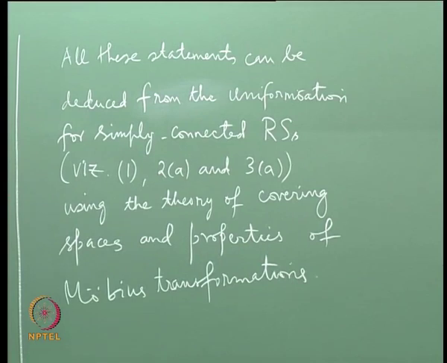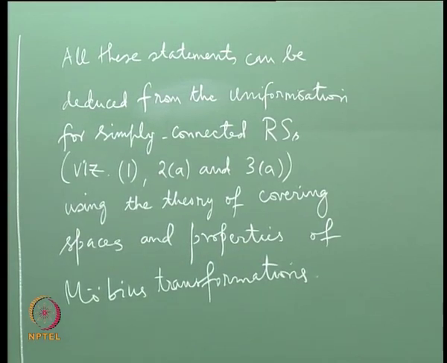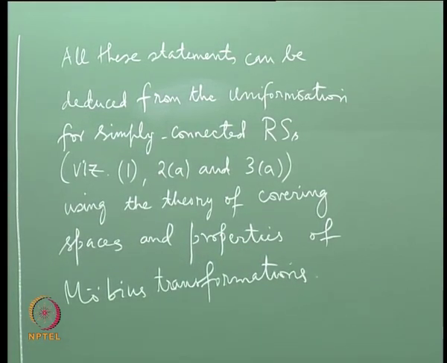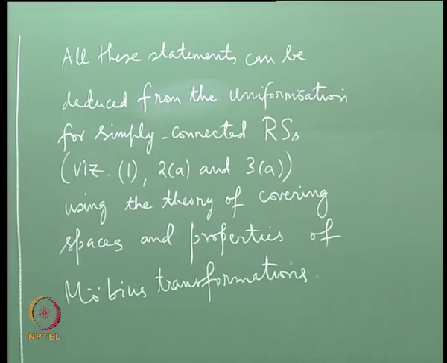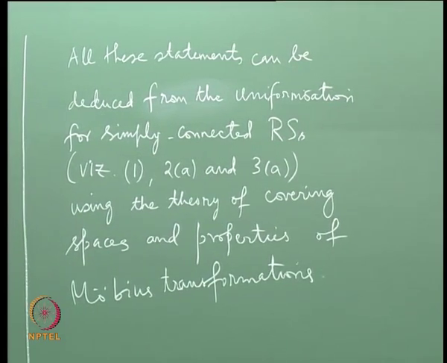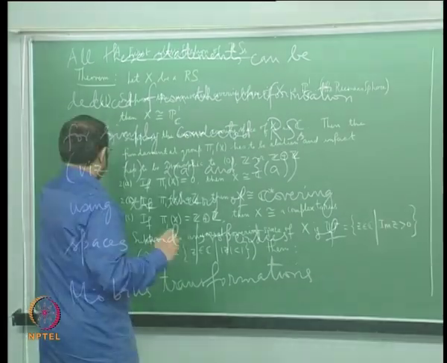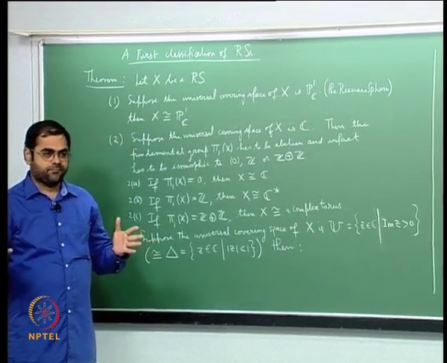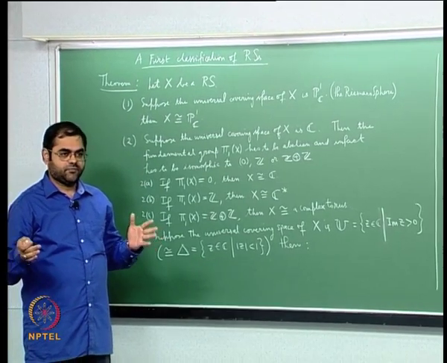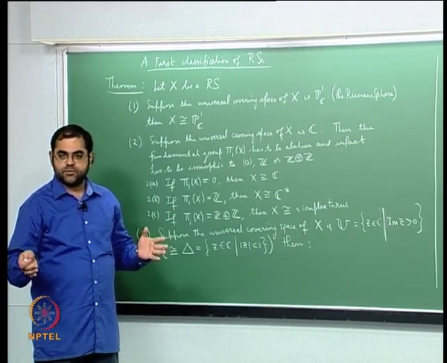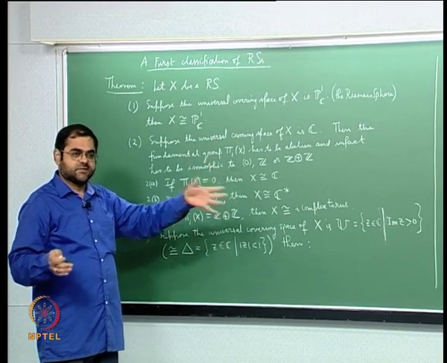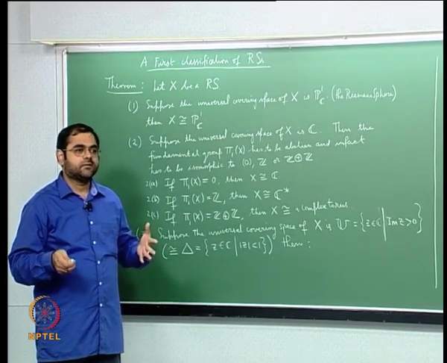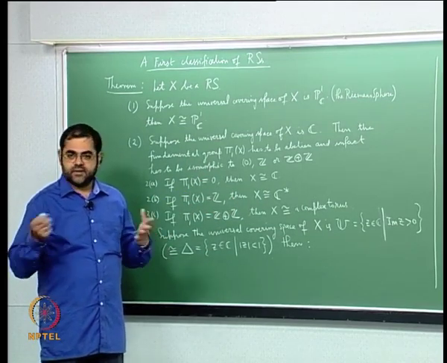Okay, so this is the key to proving all the statements in the theorem. So you divide the proof of this whole theorem into two pieces. The first statements are essentially the fundamental theorem, uniformization of simply connected Riemann surfaces. You assume that, and the rest of the statements can be gotten by covering space theory and by studying Mobius transformations.